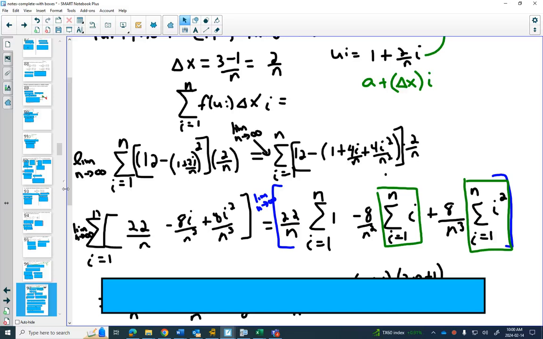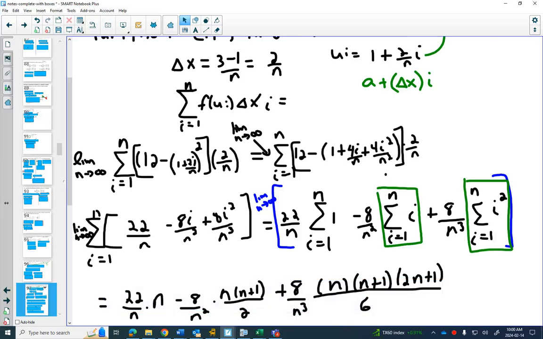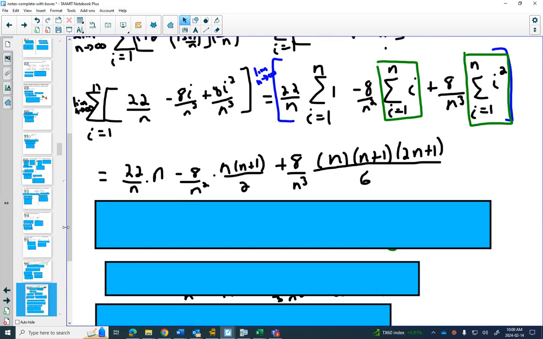So, if we took that limit of all of these, okay? There's your formula for that one as n goes to infinity. There's your formula for this one. I guess technically, I'm writing things out.